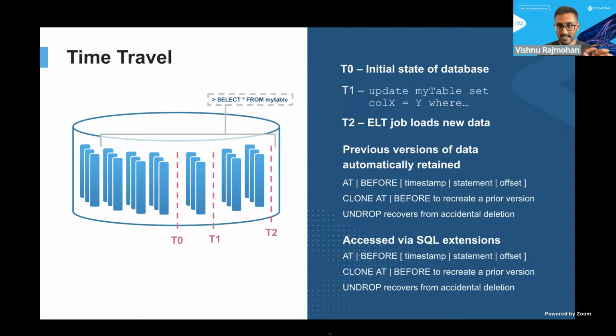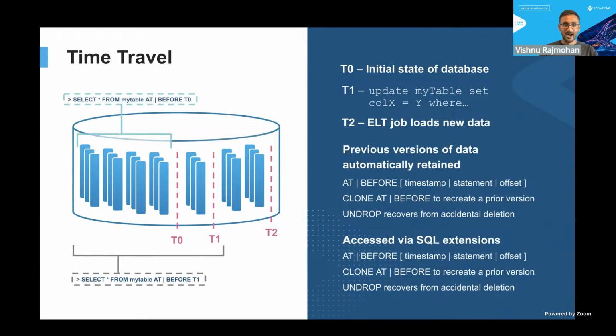It's done using simple Snowflake SQL commands, I'll show you in the demo. And it uses at and before values within Snowflake to go back in time. The other cool thing that it can do is undrop tables, and it helps against accidental deletions. Wish I had this feature when I ended up deleting a bunch of tables as well, and everybody knows how much of a headache they can cause.